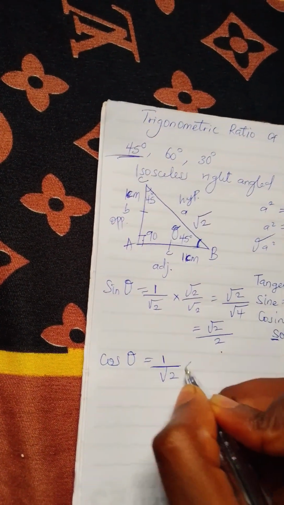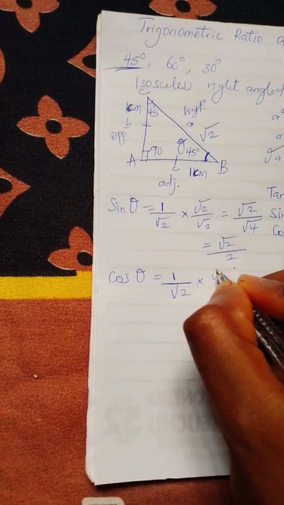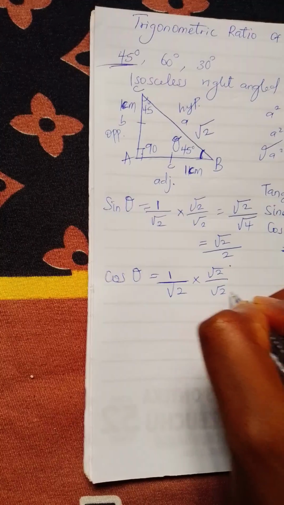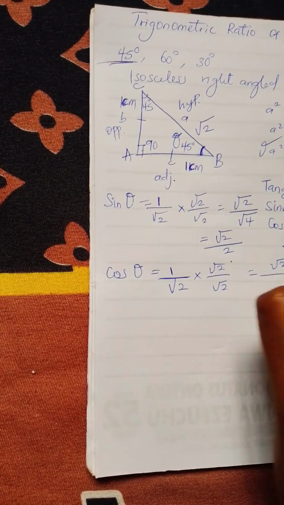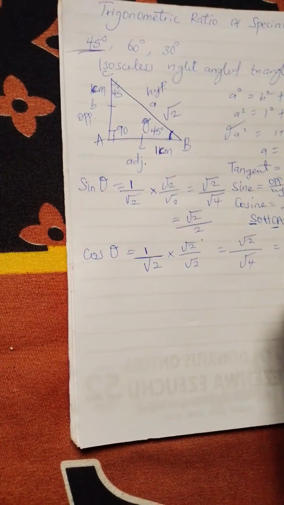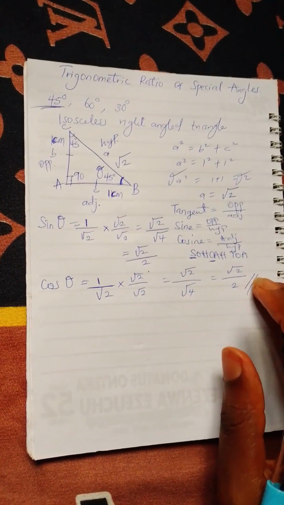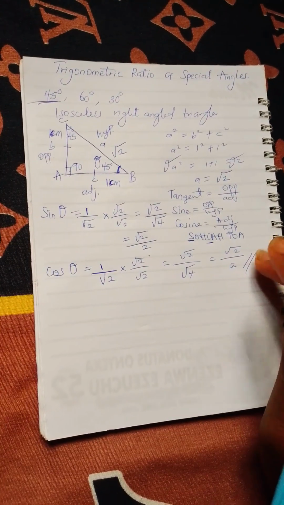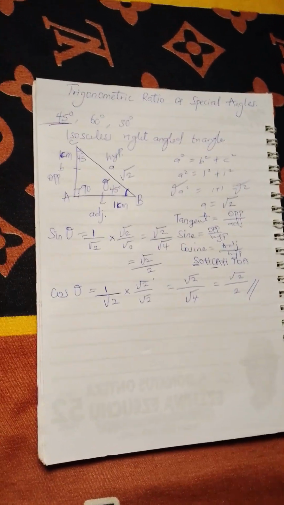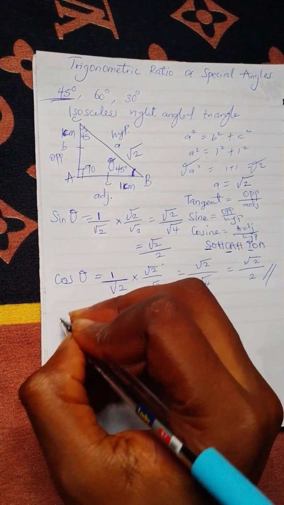If I again rationalize, I'm going to be getting 1 over root 2 multiplied by root 2 over root 2. So I'm getting root 2 all over root 4, which is equal to root 2 over 2. So this here is what I'll be getting when I want to find cos theta, and theta is equal to 45 degrees.